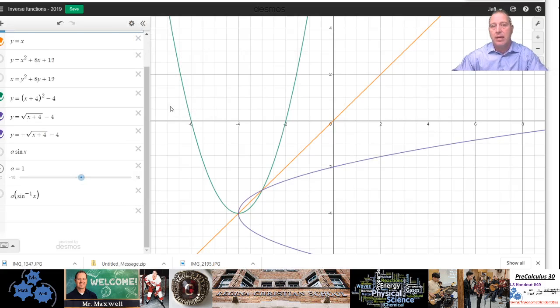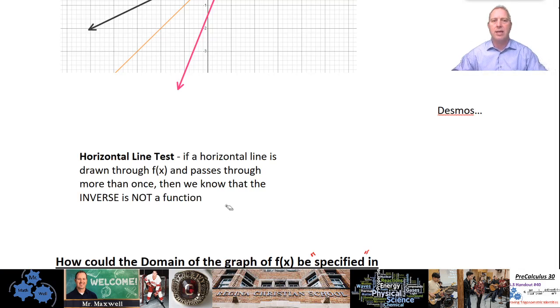See the green one? A horizontal line would pass through this green graph twice. That means that its inverse is not a function. And of course, if we sketch the complete inverse, it's not a function because it does not pass the vertical line test. And it kind of makes sense. Hopefully you see that if something does not pass the horizontal line test, then its inverse would not pass the vertical line test.